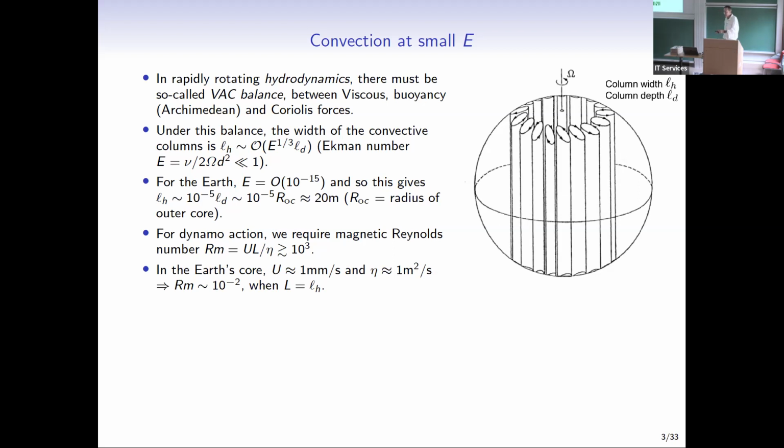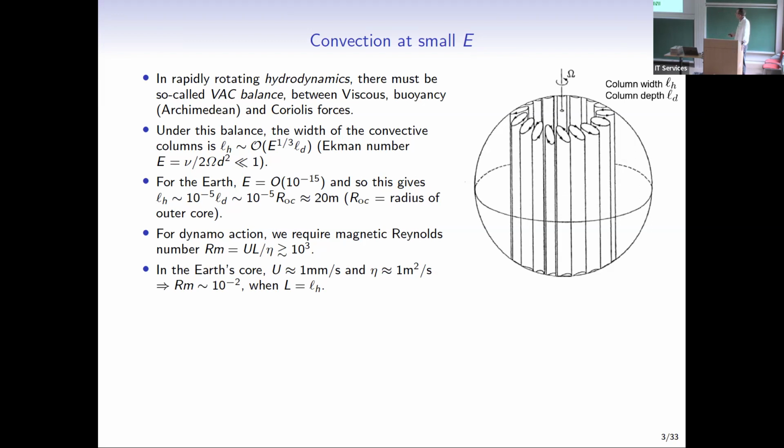And that's problematic for dynamos. It's problematic because the magnetic Reynolds number on that scale is really small. On that scale, the magnetic Reynolds number is only like 10 to the minus 2.